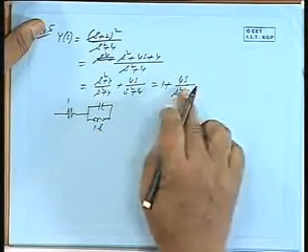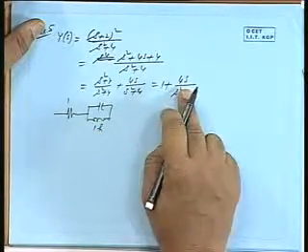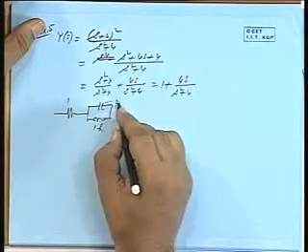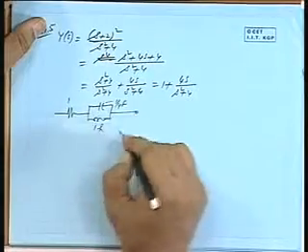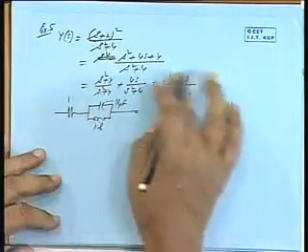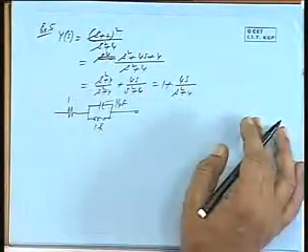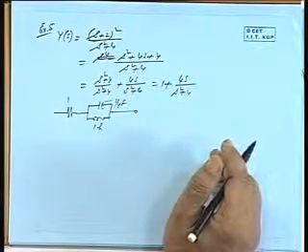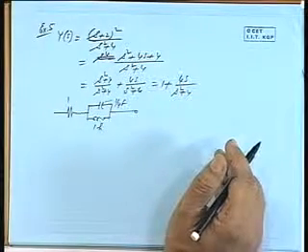Make s tending to infinity, it will be 4s by s squared, so 1 by 4 farad. It is a PRF. Anything that is in a realizable form with pure RLC elements is a positive real function. Is that all right?